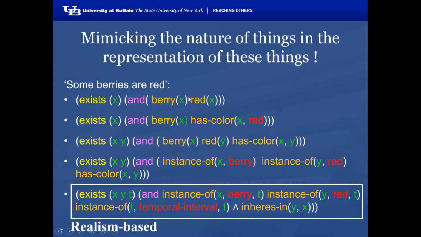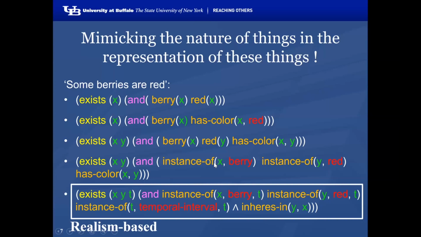But the difference that you see is that in both cases here, those two properties are assigned to the same thing, that X, while here, they are assigned to two different things. So the color itself, not the redness, but the color, Y in this case, is an entity in its own right, just like the berry is an entity in its own right.